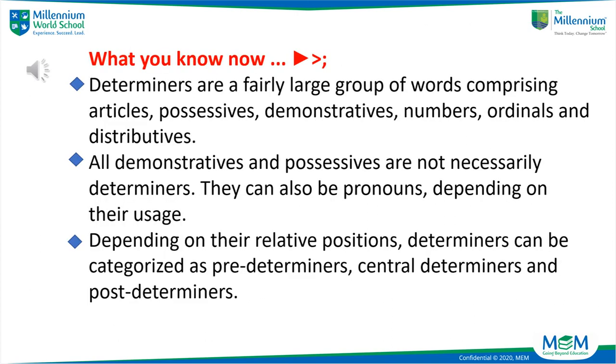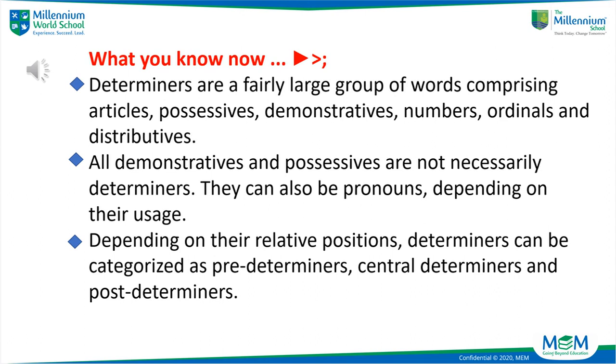Let's sum up all that we've learned in this lesson. Determiners are a fairly large group of words comprising articles, possessives, demonstratives, numbers, ordinals, and distributives. Further, all demonstratives and possessives are not necessarily determiners.